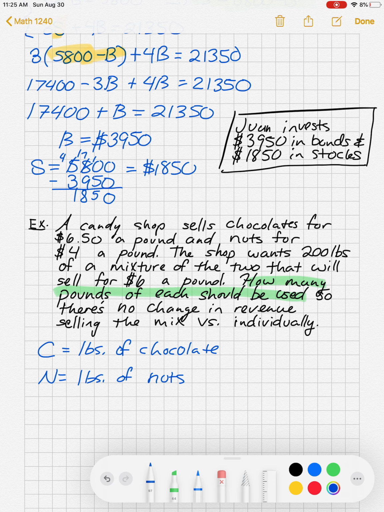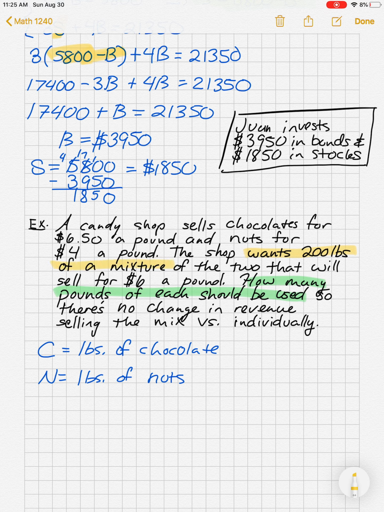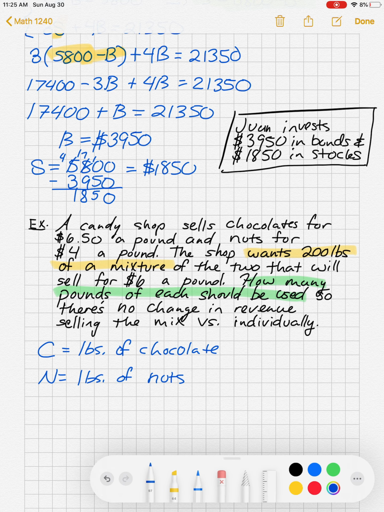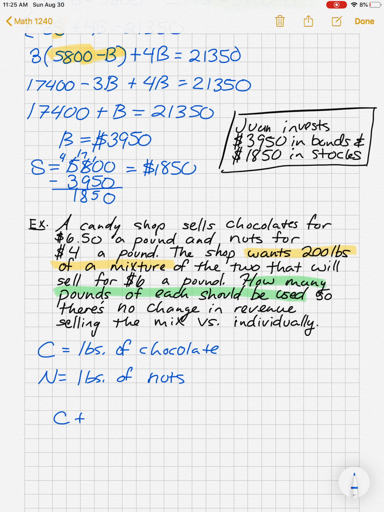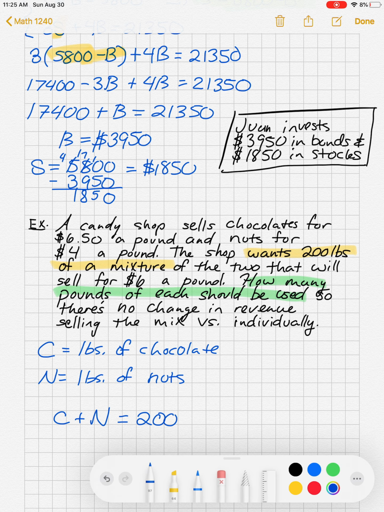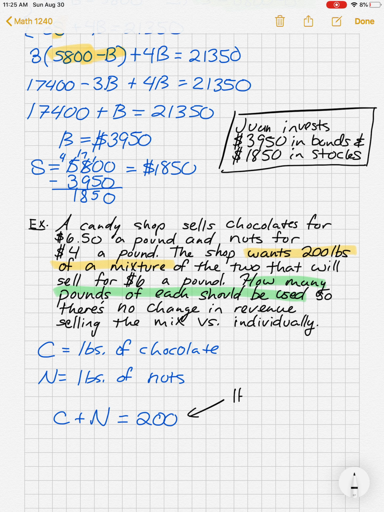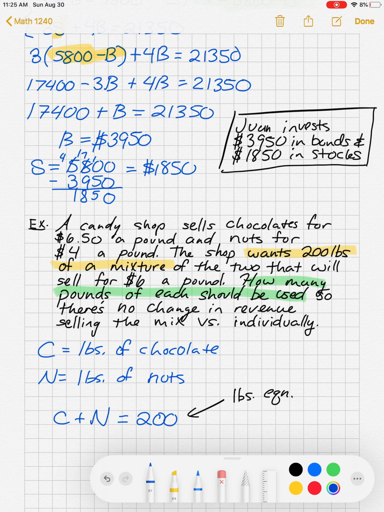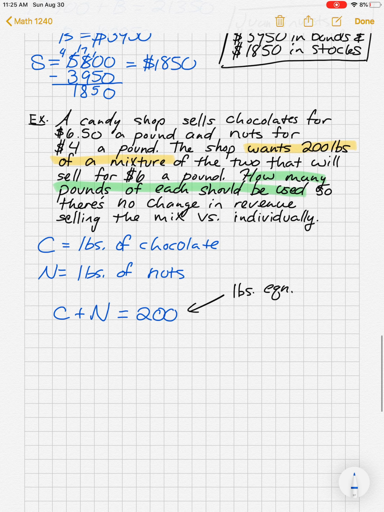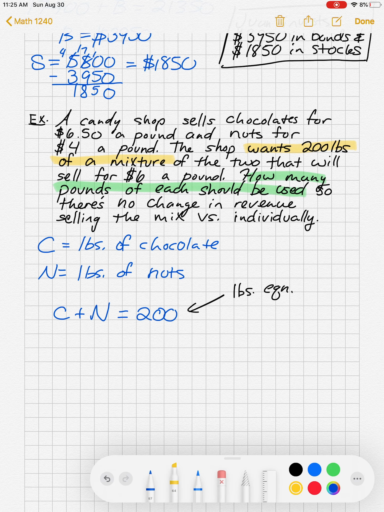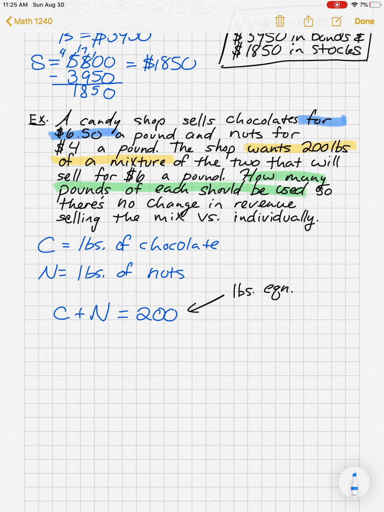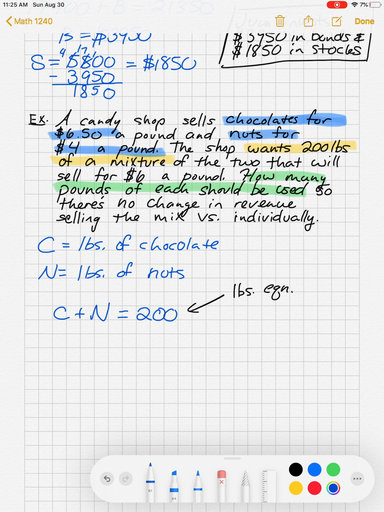Okay. So what else? How can I start my equations? Let me see. The shop wants 200 pounds of a mixture. So if I add my chocolate with my nuts, the pounds of each, I should end up with 200 pounds. So this is like a total pounds equation. Okay, what else does it say? The candy shop sells the chocolates for $6.50 a pound and the nuts for $4 a pound.